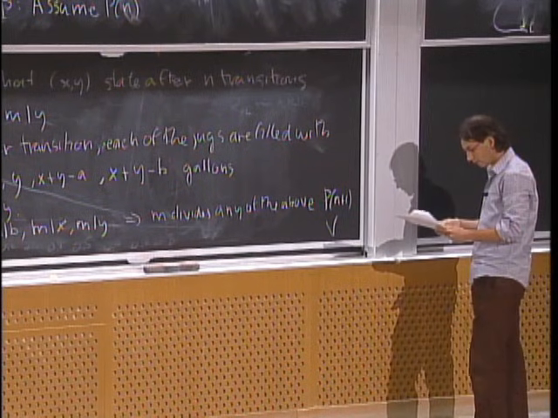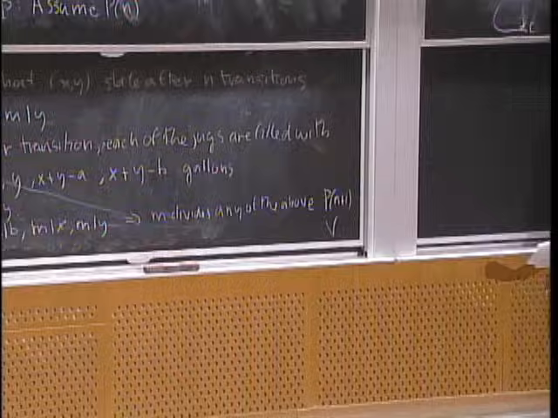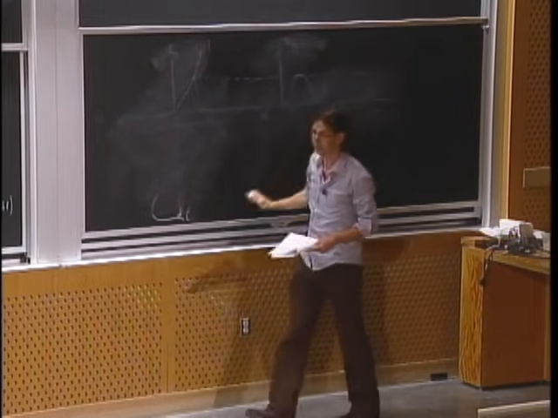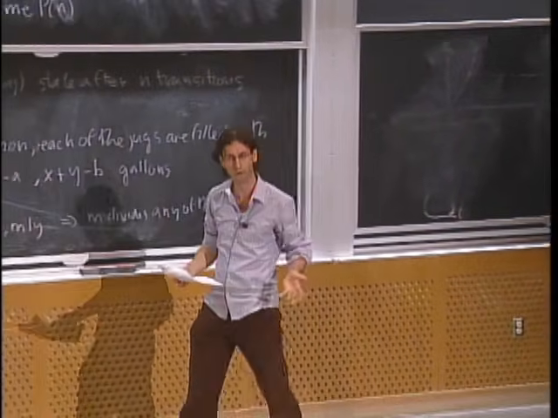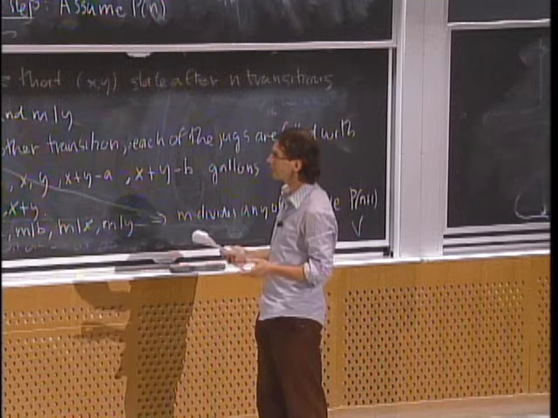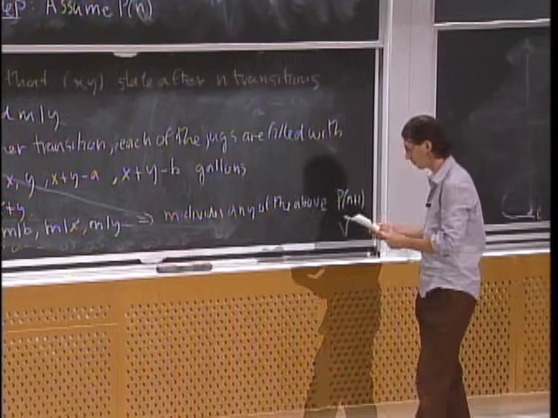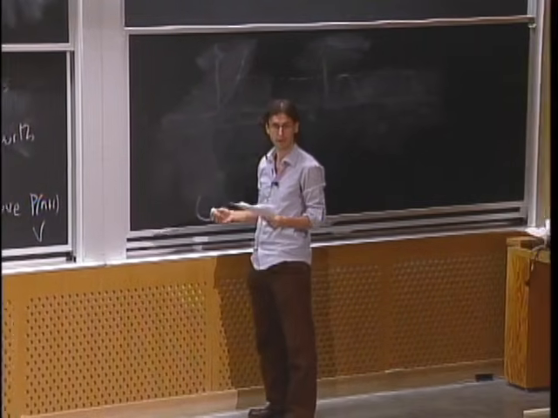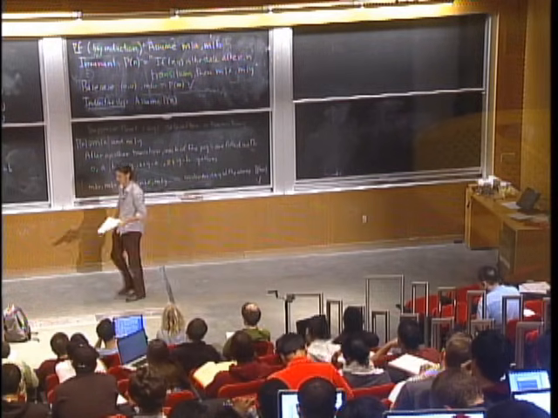Okay, so let's apply this theorem. Let's think about this movie that we saw, Die Hard number 3. Die Hard number 4 came out, and then the cast got stuck in Die Hard number 5. That was a problem because the rumors were that in Die Hard number 5 they had a 33-gallon jug.